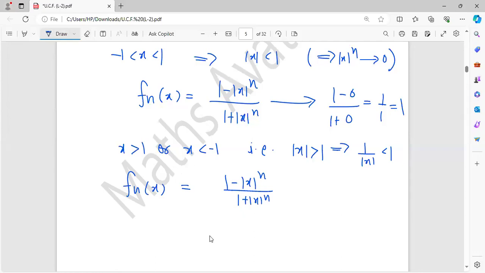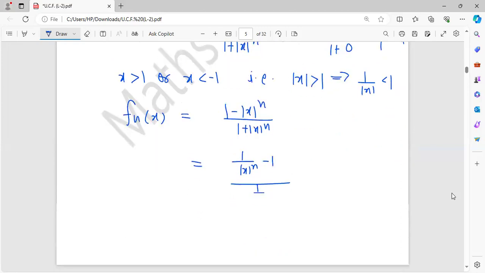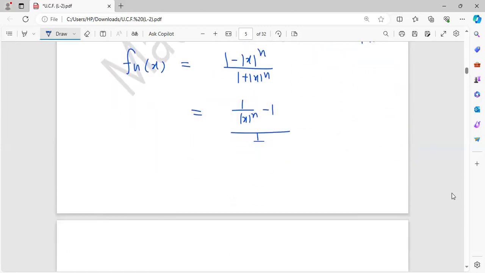So I can write 1 upon, you take absolute x to the power n common from numerator and denominator. What you will get? So I can write it.